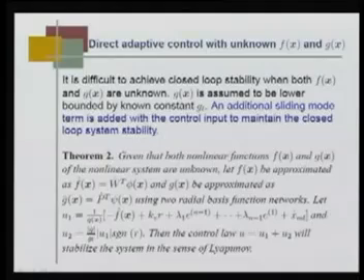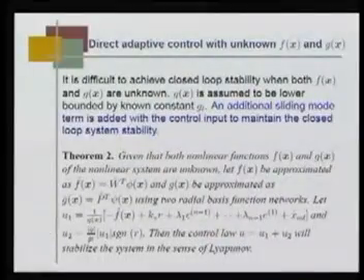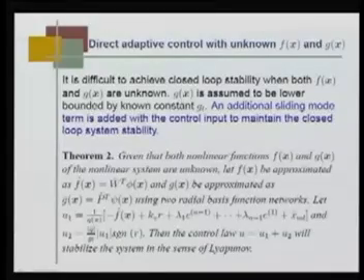This is different from system identification, because here we assume that a specific neural network is approximating, but we are not identifying what f x is. And let g x be approximated as g hat x equals p hat transpose psi x. These are the weights of another radial basis function network, represented by P, so we use two radial basis function networks.